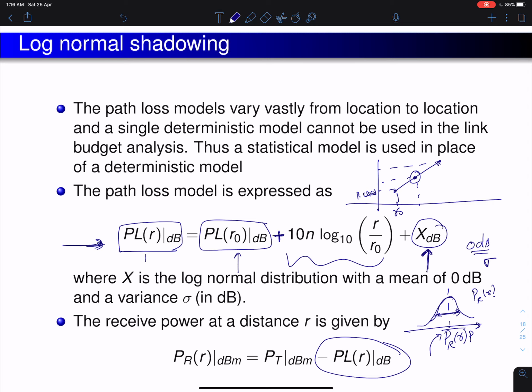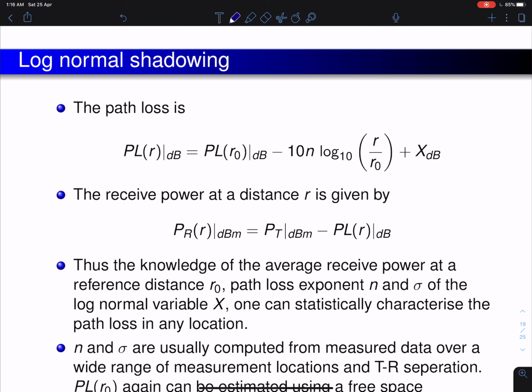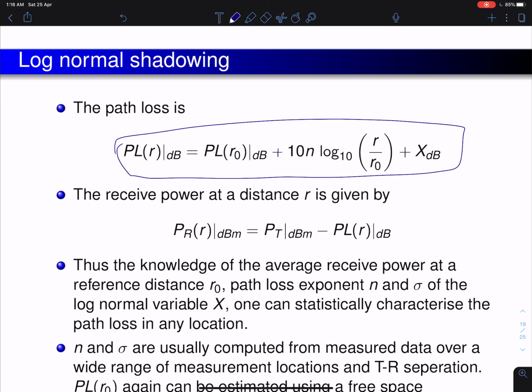It doesn't give you the exact value, but rather the probability with which it will be greater than or less than a given value. Now we will spend some time understanding how the model is developed. Again, there is a plus here, so the path loss model is going to be this way. You should understand this x in decibels will go from minus infinity to plus infinity.